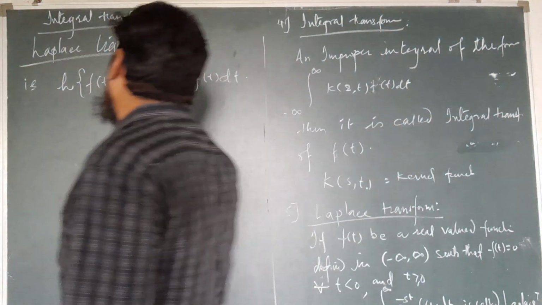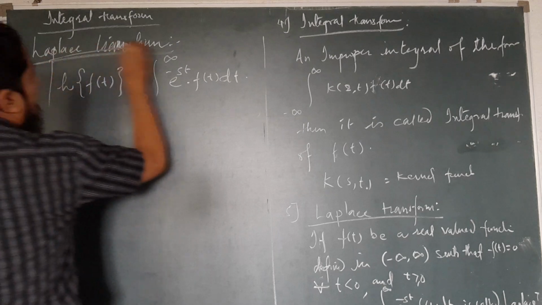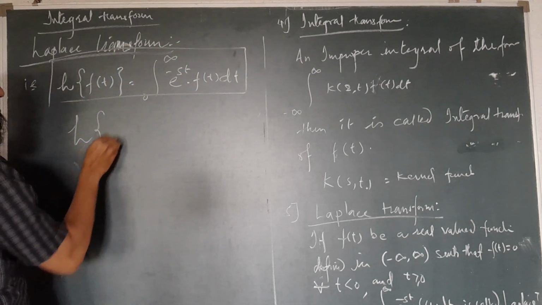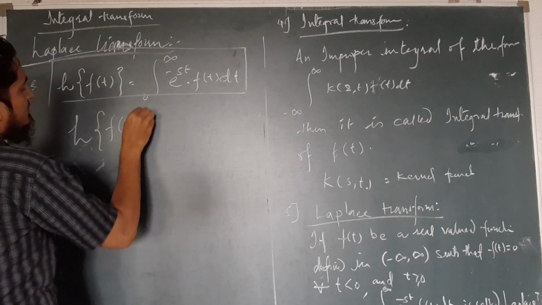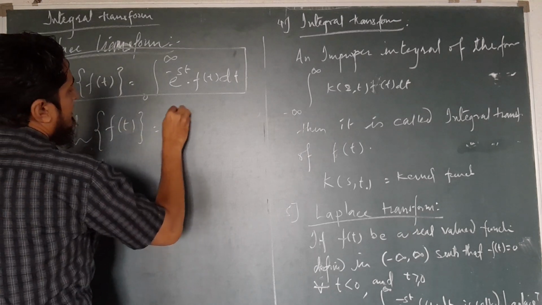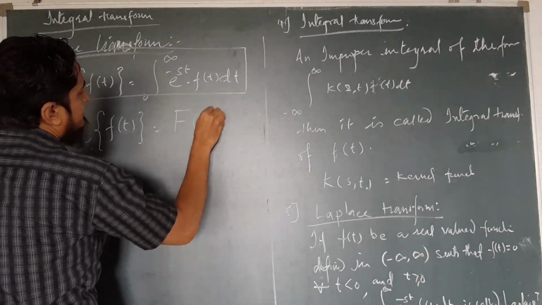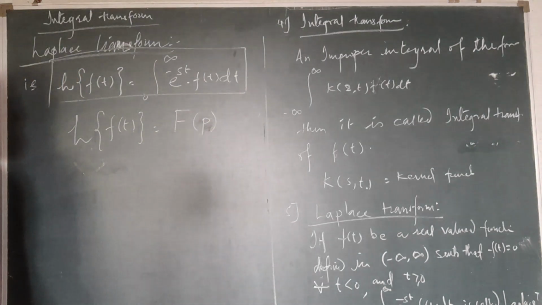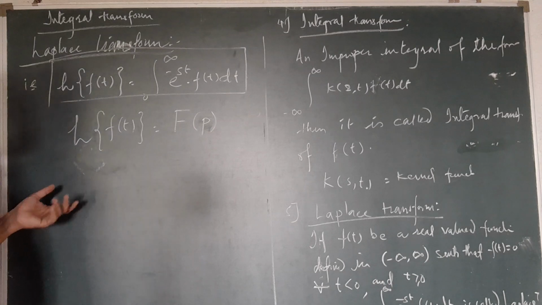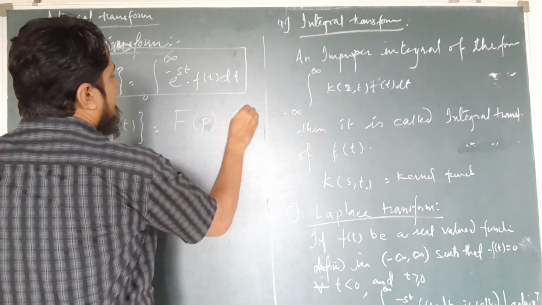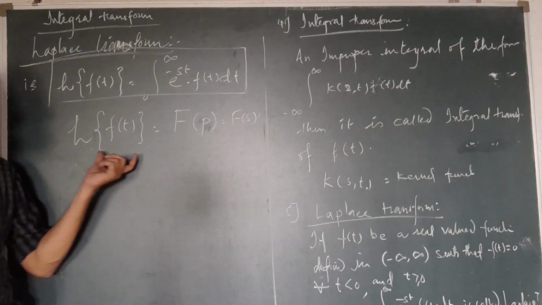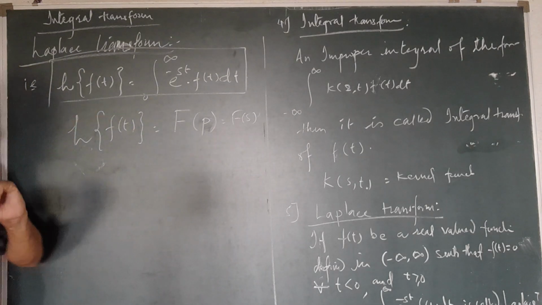It is symbolically denoted as the Laplace transform of f of t, and also denoted as capital F of s or f of t. To make it easy to understand, we can write the variable as f of s. Whatever we want, we can write f of t or f of s.